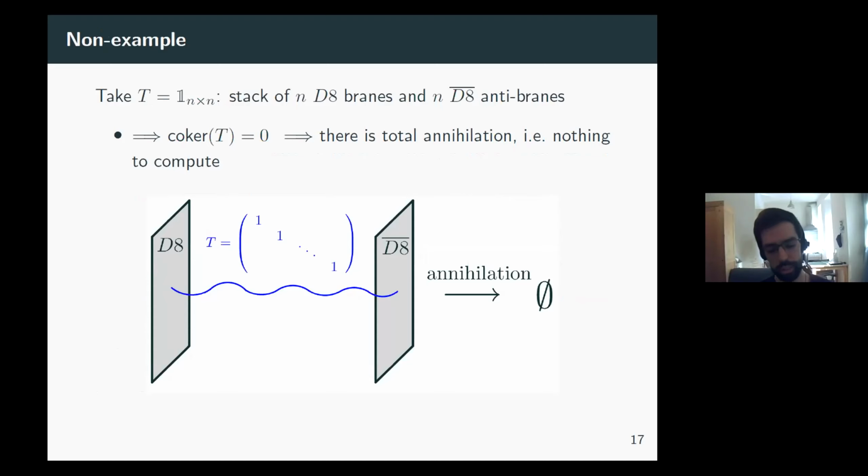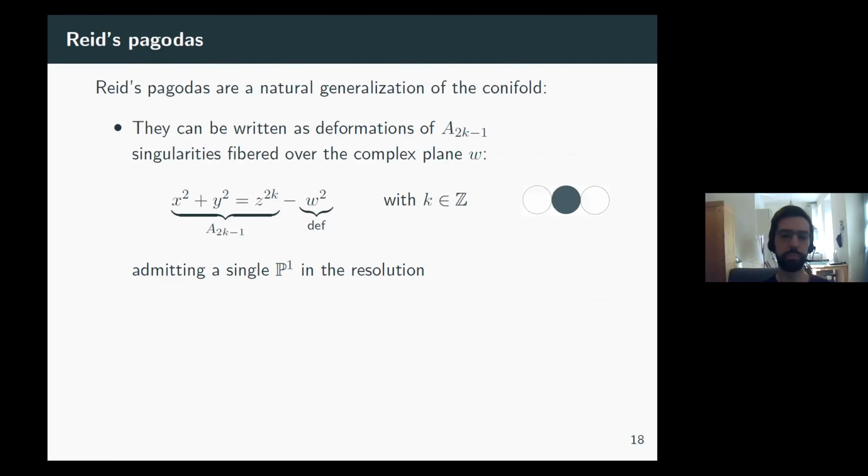Now, getting to a more interesting example, we can consider Reid's pagodas. Reid's pagodas are a natural generalization of the conifold, and they can be described by deformation of an A_{2k-1} singularity fibered over some complex plane spanned by W. So we have here an A_{2k-1} singularity plus a quadratic term depending on W. It can be shown that this geometry is singular at the origin, and that it admits a single P1 in the resolution, which is the central P1 of the A_{2k-1} chain, where here I've depicted the lowest k case with k equals 2.